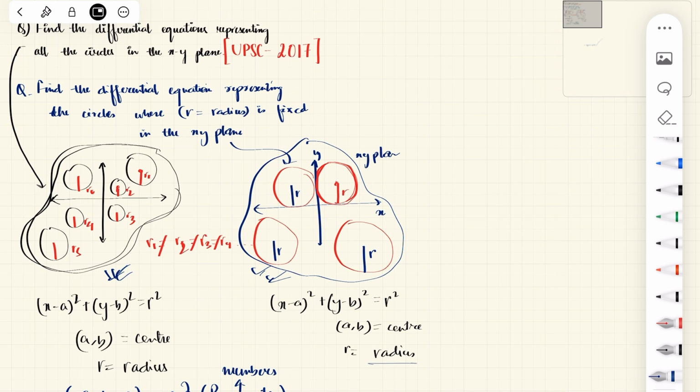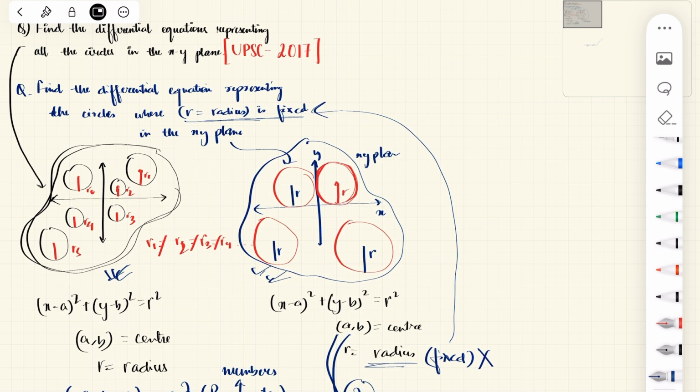Here, r is already fixed. It becomes fixed because according to the question, the radius is fixed, so it will not be considered as a parameter. Only a and b will be considered. So we have only 2 parameters. So 2 parameters means we differentiate twice, here thrice.